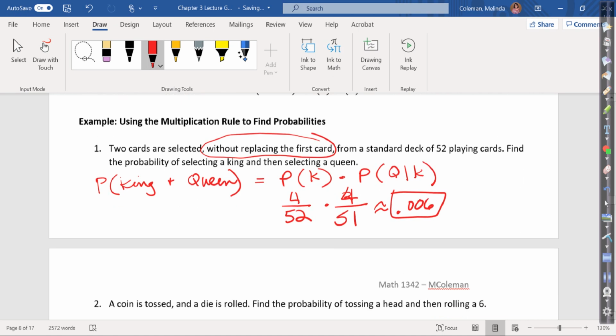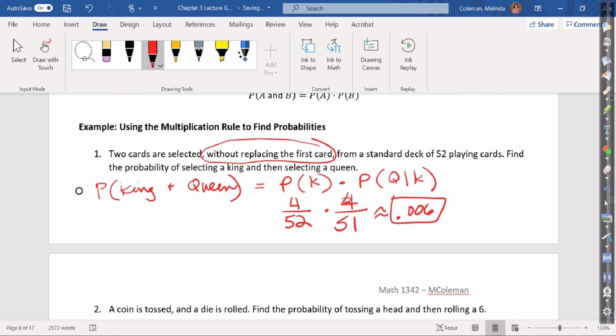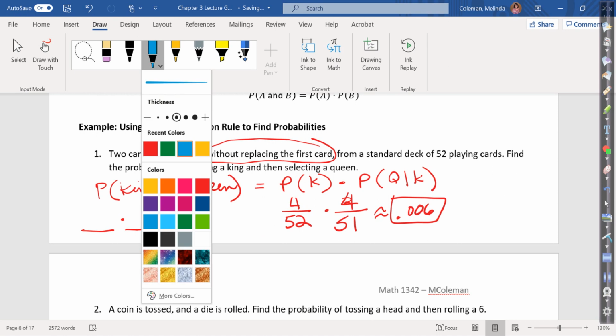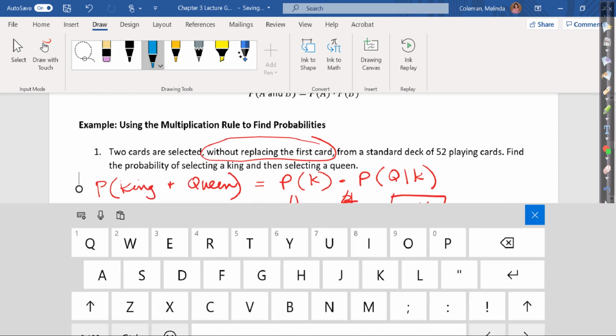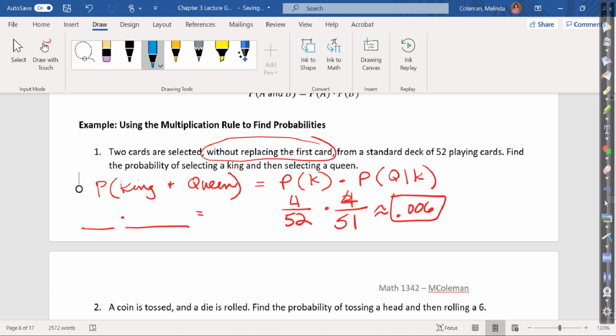I also like to think of this in a slot problem, because sometimes that makes this make sense to you for a little while. So I have two choices here. The first choice is that I get a king. So probability of getting a king. Well, I have 4 kings out of 52 cards. Then I don't replace the card. So instead of having 52 cards, I now have only 51 cards.